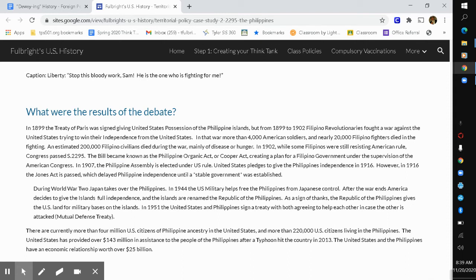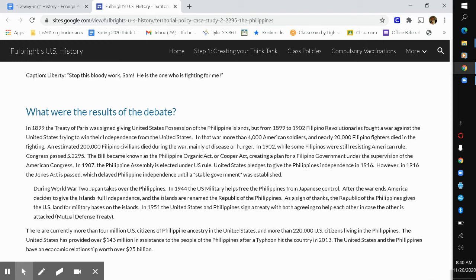The United States pledges to give the Philippines their independence in 1916. However, in 1916, the Jones Act is passed, and we said we'll only give them independence when they have a stable government. So did we follow our promise to help them in getting freedom, getting independence?